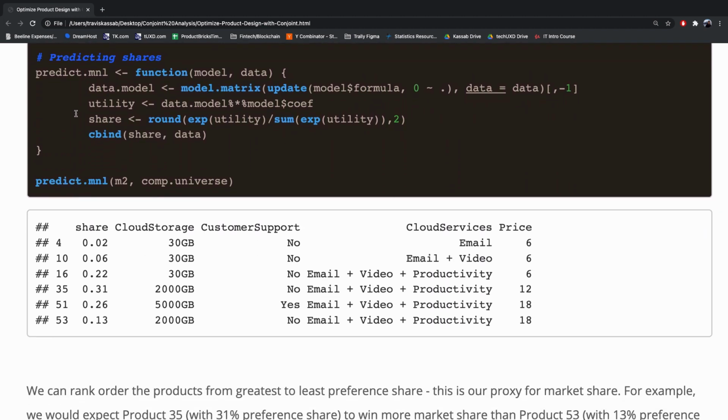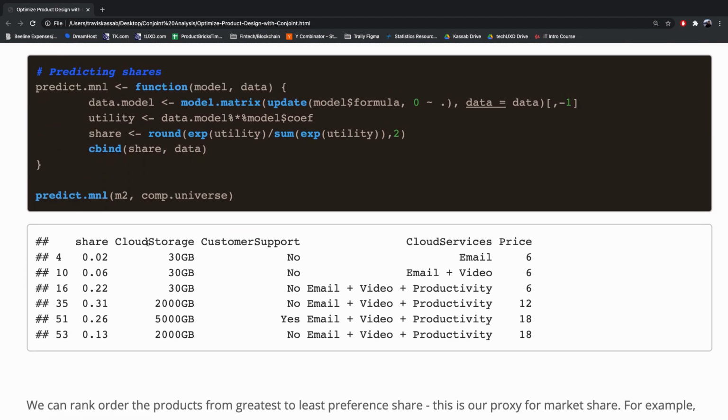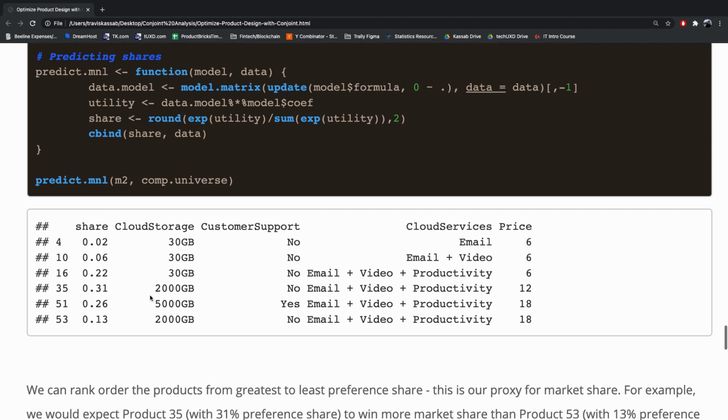Now I go through some calculation here, and this is described in the writing above. We calculate the preference share that we would expect for each of these product profiles if they were to compete with one another in our hypothetical market simulator. And we can see here the percentage, this adds to 100, the percentage of preference that each product profile wins.